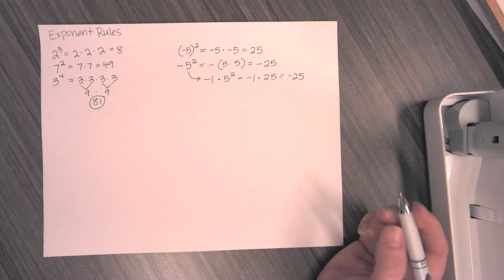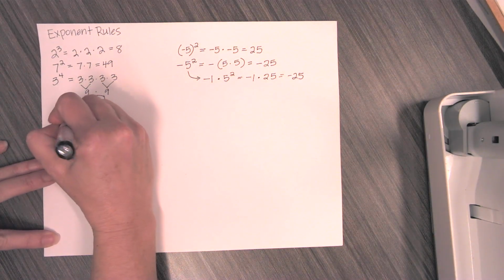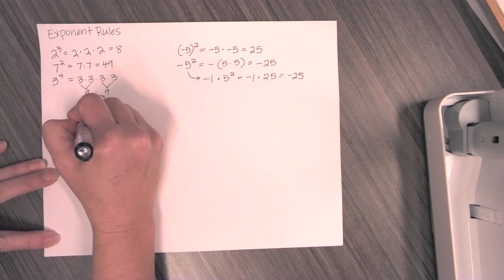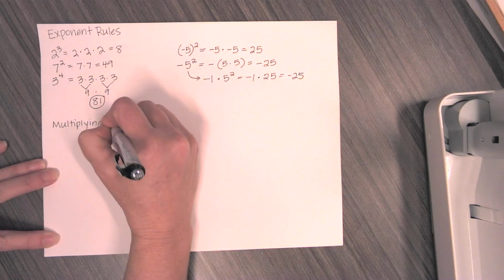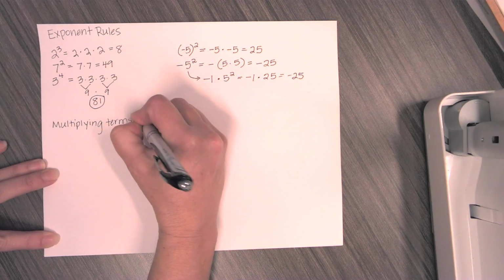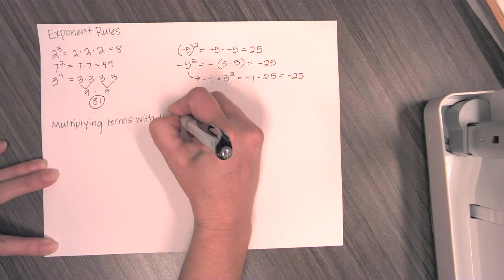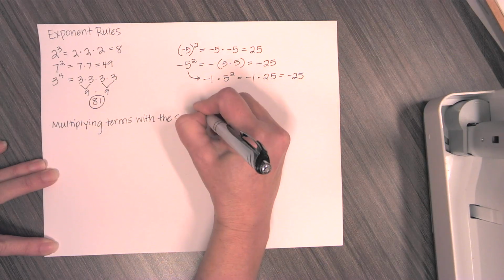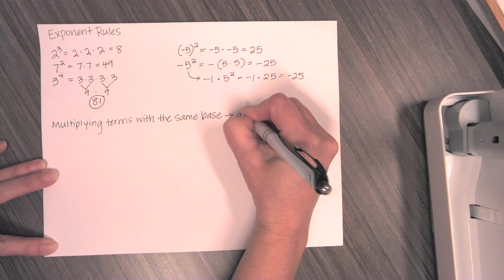All right, so now let's get into rules for exponents. When we are multiplying terms that have the same base, then the rule is that we are going to add our exponents. Now the base stays the same.